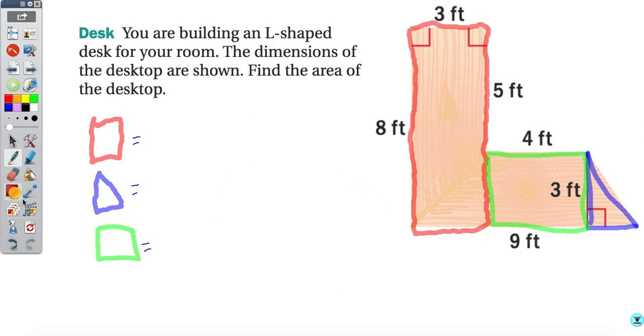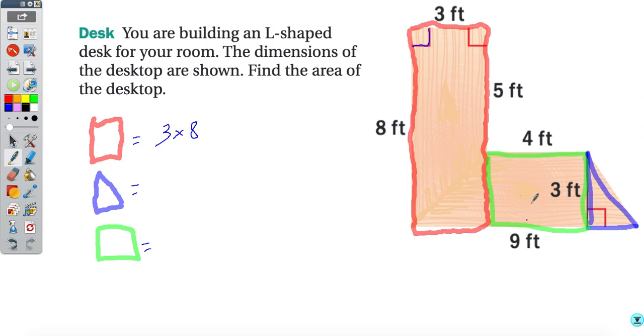Alright, starting with the easiest one, the big rectangle going up and down here. I see that my base and height, the two sides that connect to make the right angle, are 3 and 8. The next thing that I'm going to do is I'm actually going to look at this green rectangle right here.